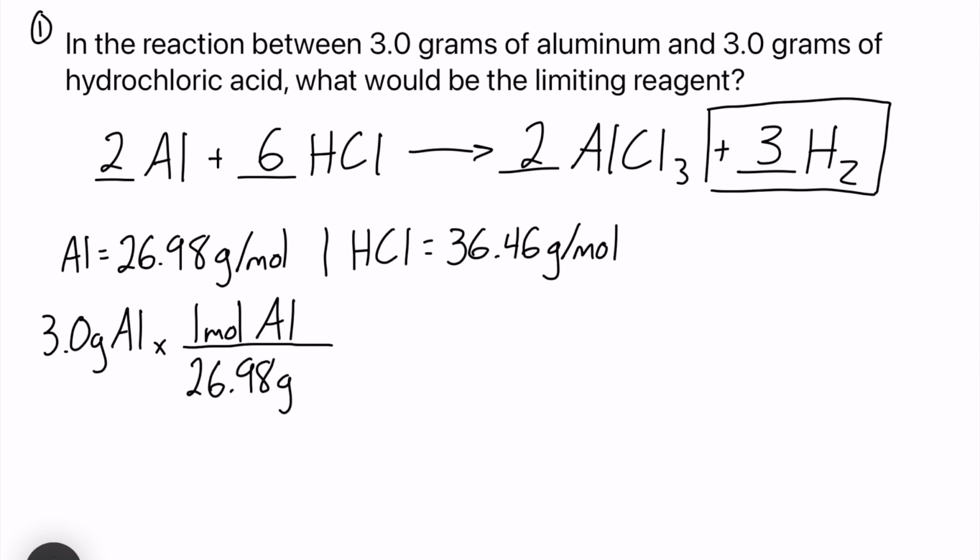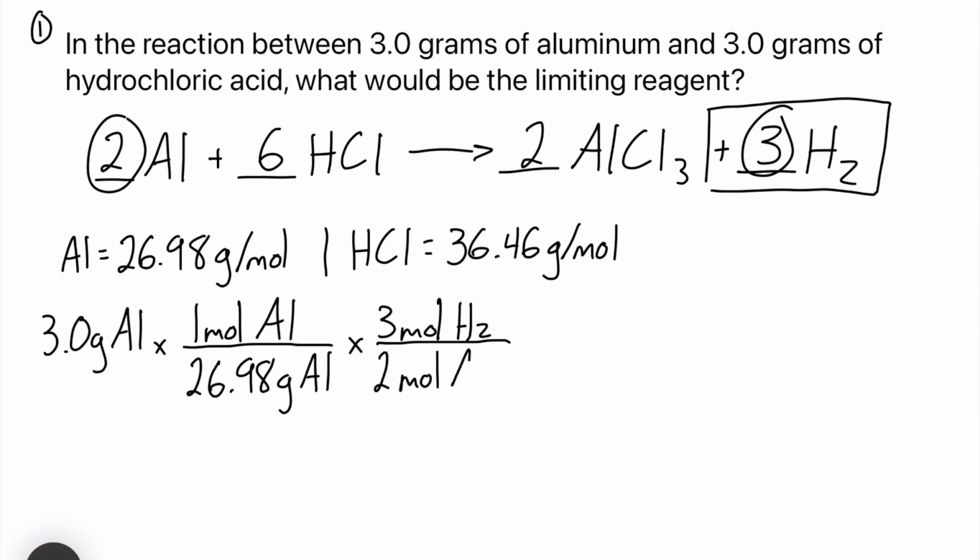If you need a hand with calculating molar mass, watch my previous video on that as well. Now I need to go from moles of aluminum to moles of hydrogen. Remember, I get that from the coefficients in our balanced equation. So I'm going to have 3 moles of H2 on top and 2 moles of aluminum on the bottom.